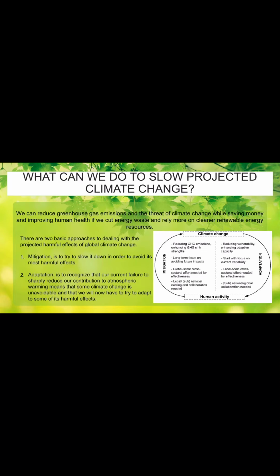Mitigation includes reducing GHG emissions, enhancing GHG sink strength, and a long-term focus on avoiding future impacts. The other is adaptation, which is to recognize that our current failure to sharply reduce our contribution to atmospheric warming means that some climate change is unavoidable and that we will now have to try to adapt to some of its harmful effects. Adaptation includes reducing vulnerability, enhancing adaptive capacity, and starting with a focus on current variability.